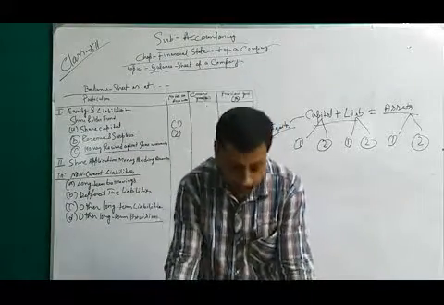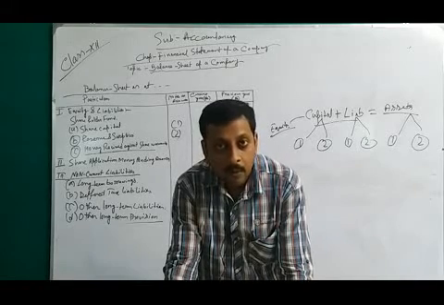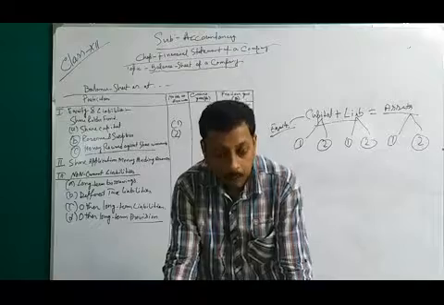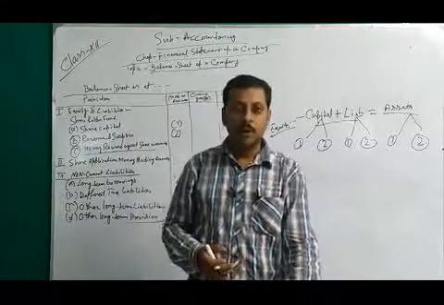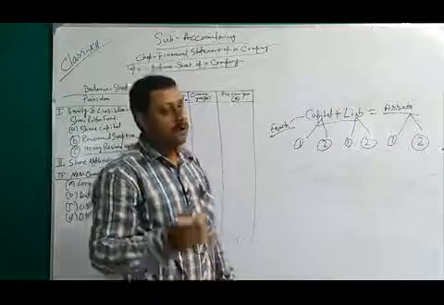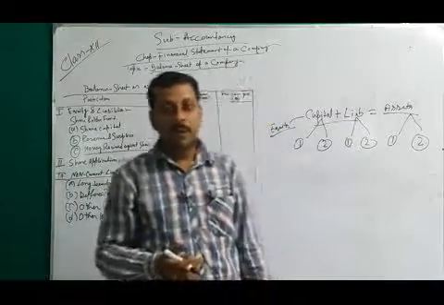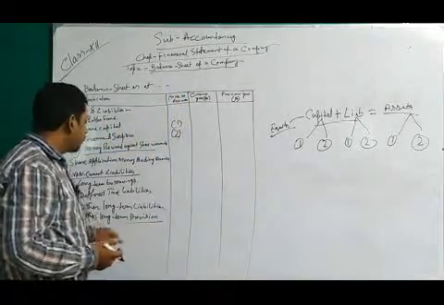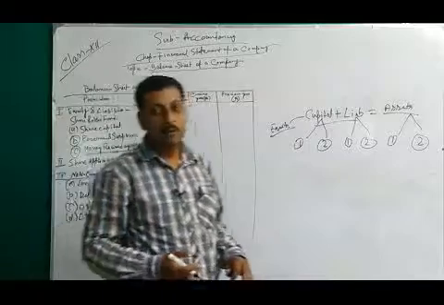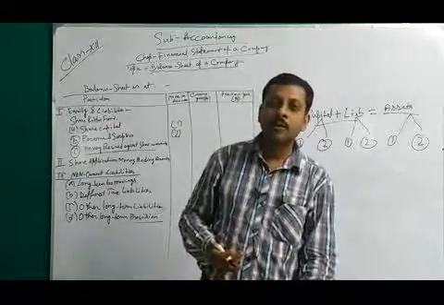Suppose a company makes a provision for gratuity of employees. Your employee joined now, but he will retire after 20 years. So this gratuity amount is a provision made by the company in its accounts, and this is a liability. After retirement you have to pay this amount to your employee.